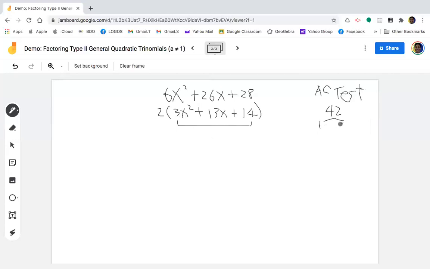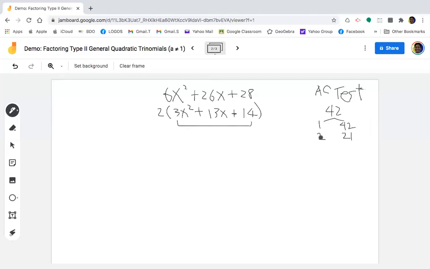So we're doing this systematically to make sure that we don't omit any factors. 1 and 42 add up to 43, so that's not the one we're looking for. And then 2 times 21, that adds up to 23. We haven't found it yet.